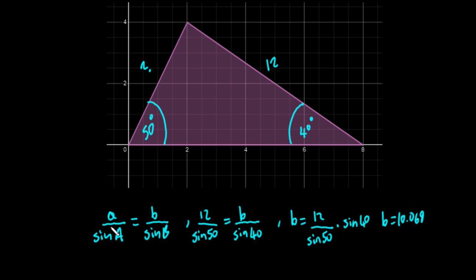Or if we're given the length a and angle A and the length of b, then we can find the angle of B. So it's best remembered via examples, and we're going to have a few more examples in the resources section.